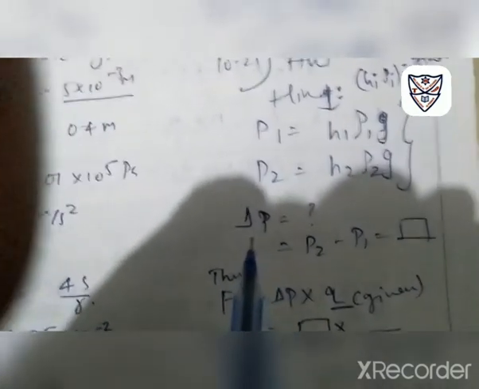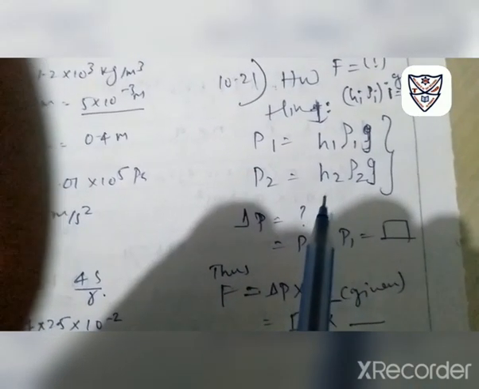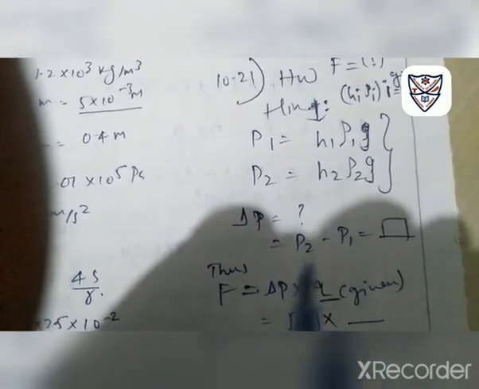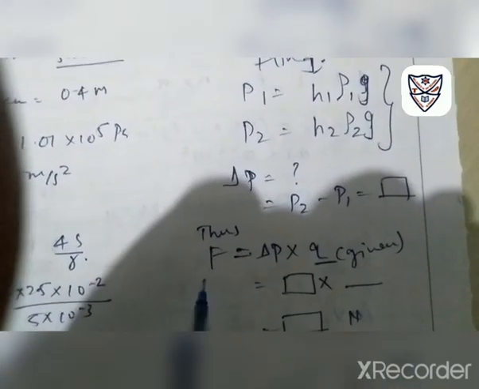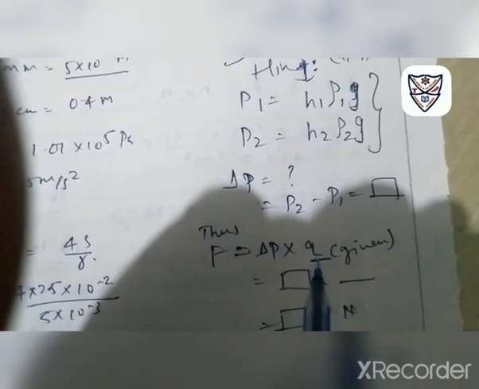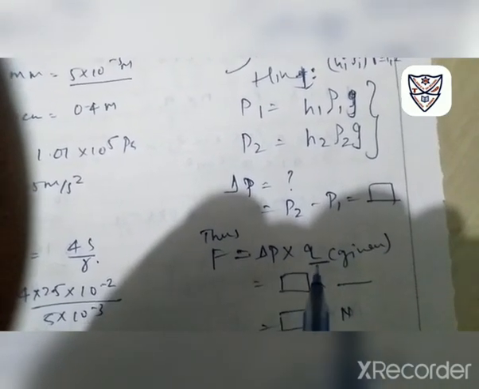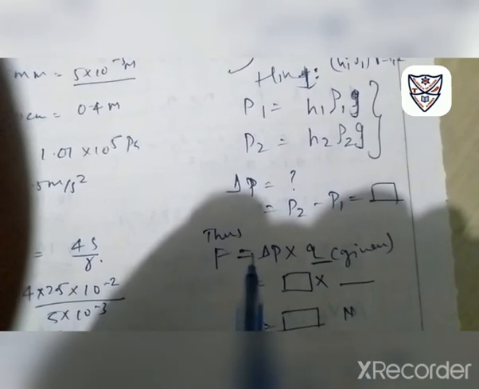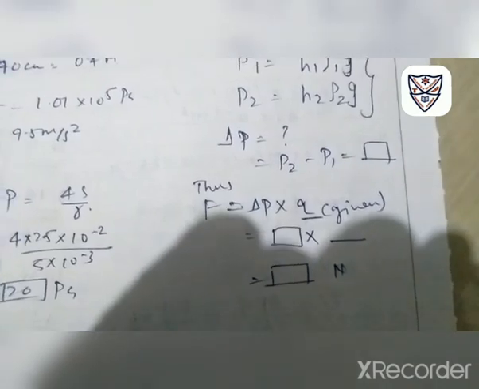Or you can find your delta P, because you don't know if it's the same or not. After that you know that your delta P value, when it is multiplied by the given area, you will get your force. So it's a very simple sum. I want you to try it yourself.